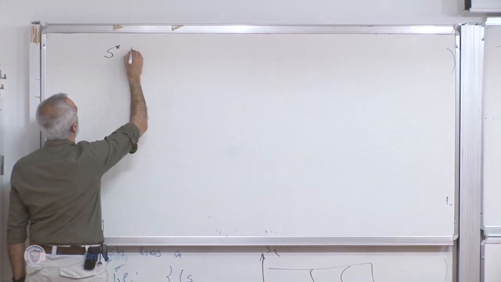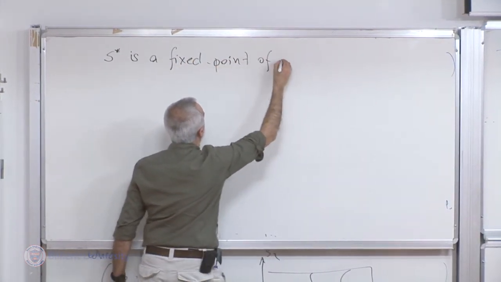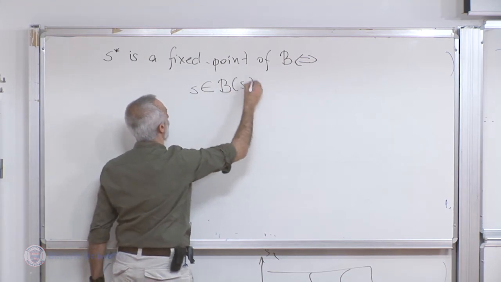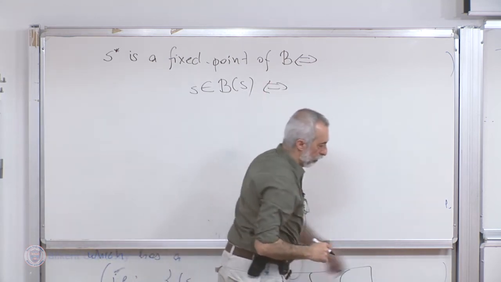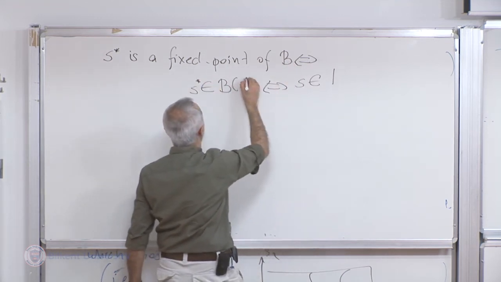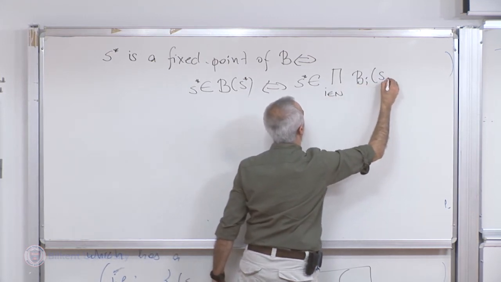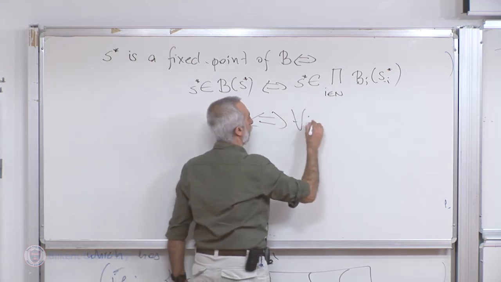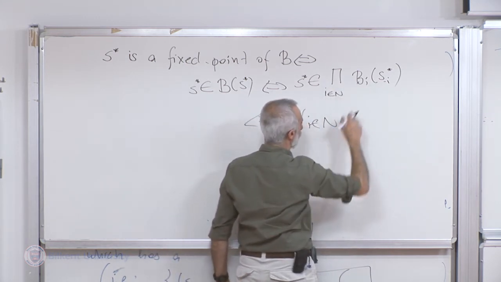S star is a fixed point of B if and only if, by definition of a fixed point, S star is an element of B of S star, which by definition of B means S star is an element of the Cartesian product of Bi of S minus i star, which just by definition of the Cartesian product, for any i, the ith component of this vector should be in the ith set here.